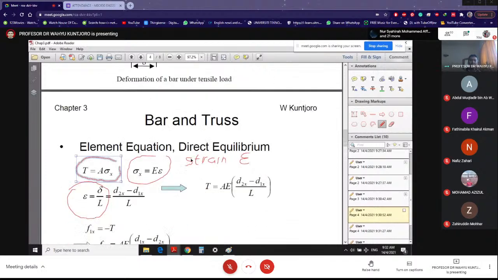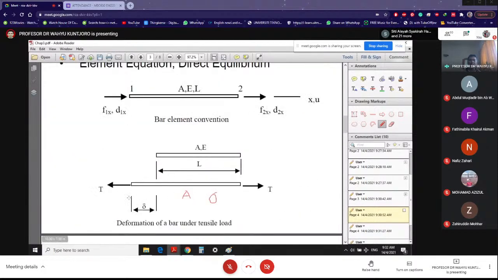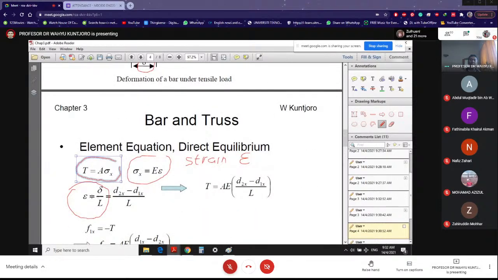Now, we learned from the spring that elongation delta must be equal to d2x minus d1x. You have to agree with me on that. Then that's what we write here: epsilon is equal to d2x minus d1x divided by L.